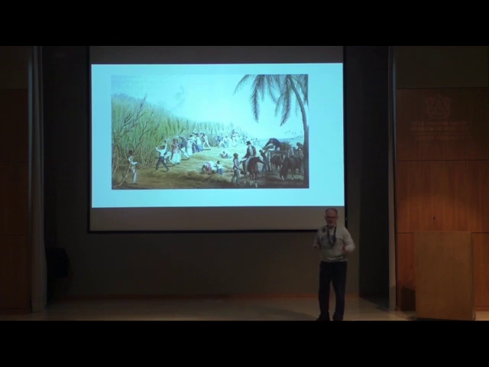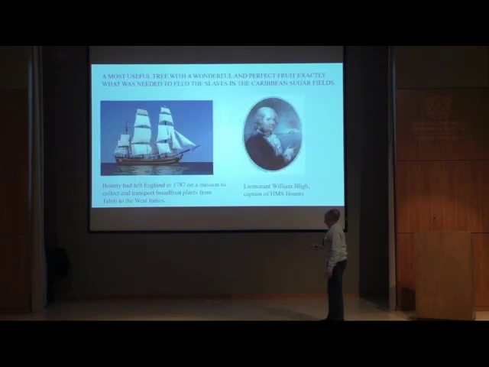So they were looking and looking. We need to have something to feed the slaves, okay? So you know, the Bounty. They said, a most useful tree with a wonderful and perfect fruit, exactly what was needed to feed the slaves in the Caribbean sugar plantation. How did the English know about the breadfruit?